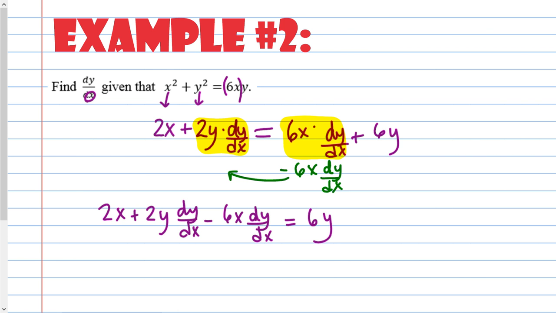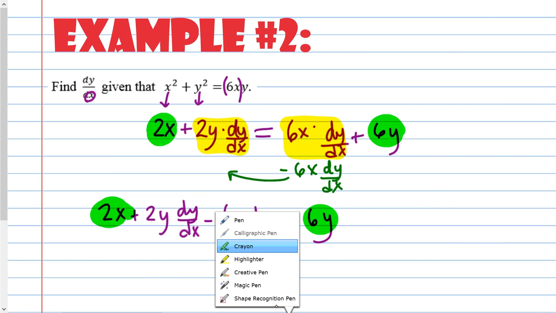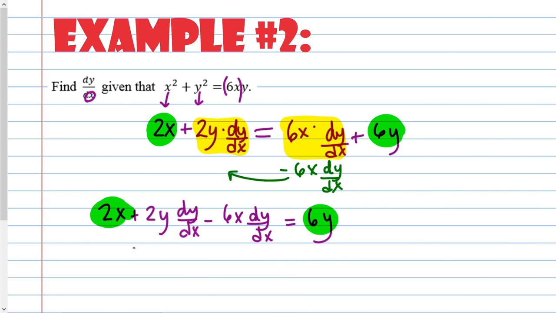And then if I look, the 2x is the only term left here that I need to move over to the right side because it does not have a dy dx, right? 6y didn't have a dy dx, so it's still here. Now this is going to go that way, and I'm going to subtract 2x to do that.